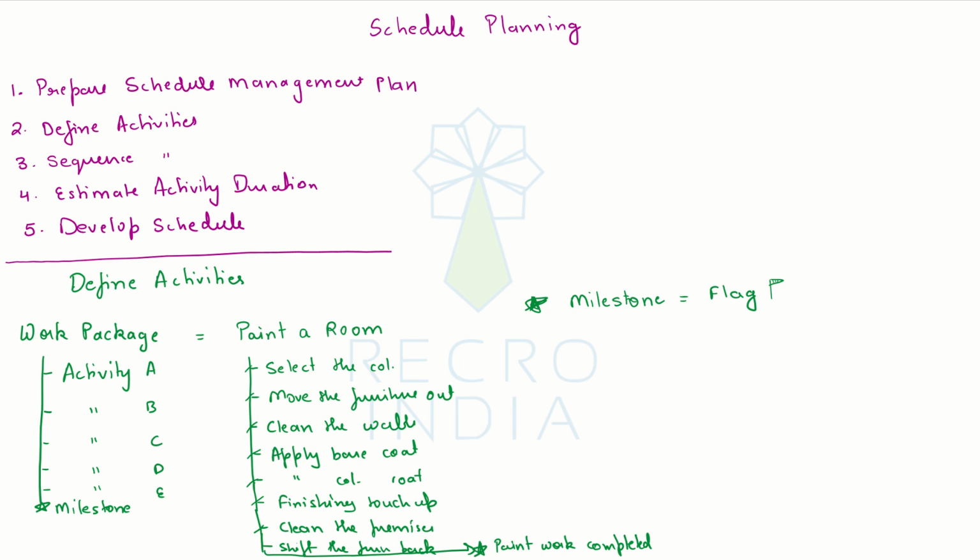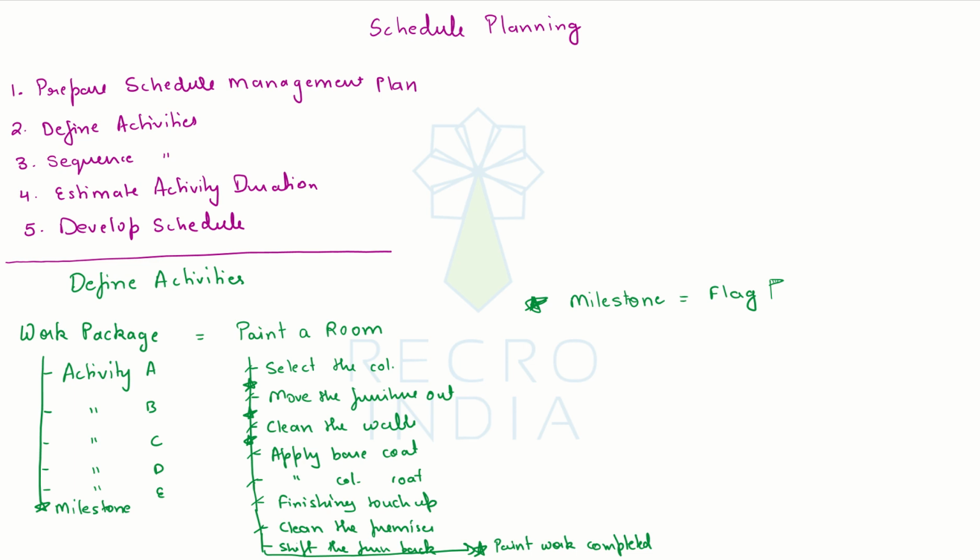Now, one more thing that we want to understand about milestones is you can place a milestone anywhere because it's a flag. So, theoretically, I can put a milestone here that the color has been finalized. Then I can put a milestone here that the room is ready for paint work. Then I can place a milestone here that the walls have been cleaned. So I can technically place a milestone anywhere.